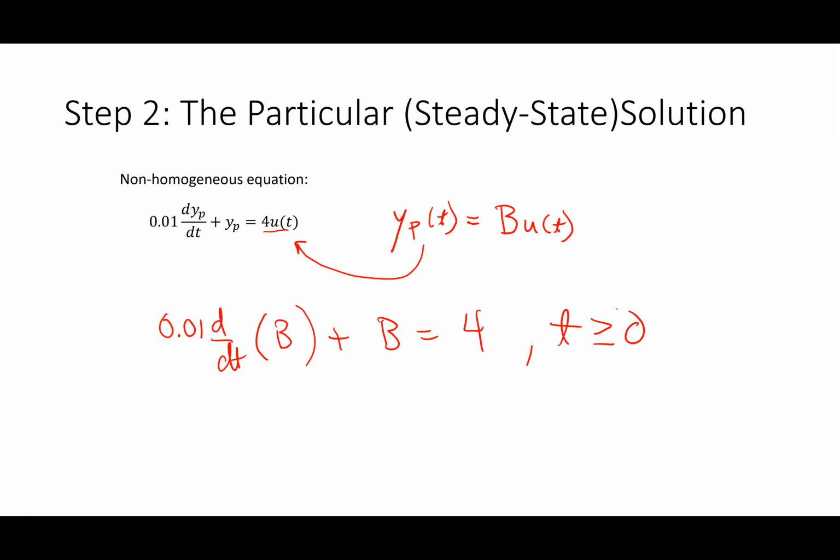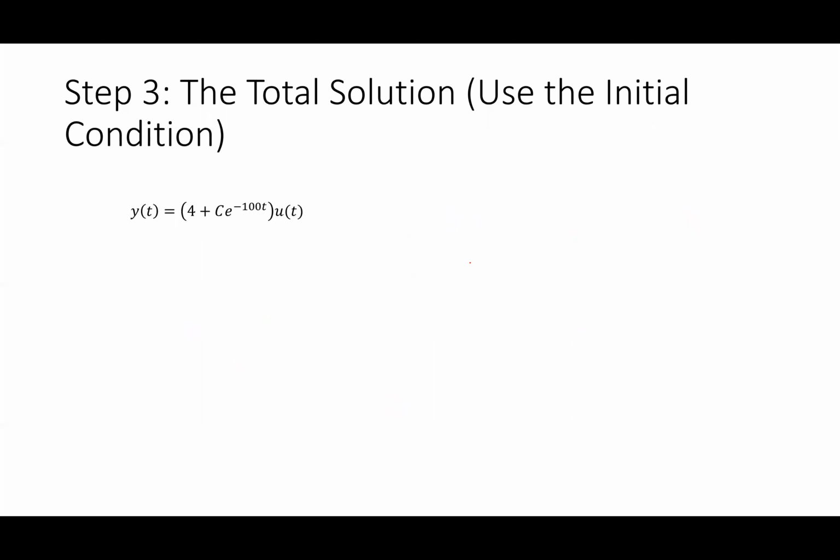What's the derivative of a constant? 0. So I have B equals 4. That was not hard. I got that my particular solution is 4 u of t. So at this point, I have my total solution.